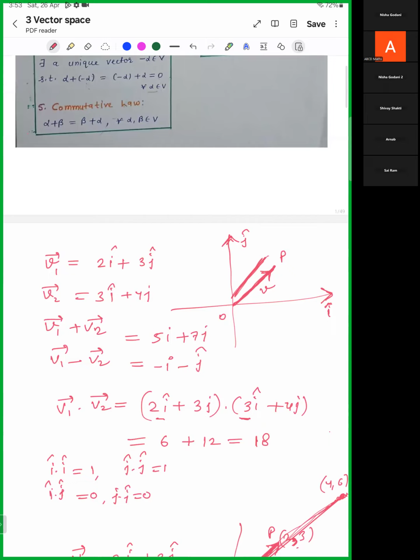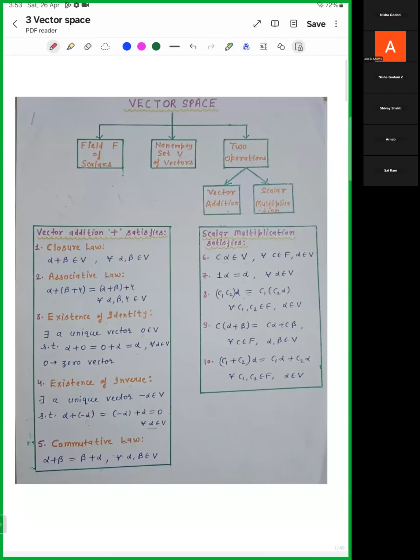But there are many mathematical spaces where the concept of vectors was generalized, because the two-dimensional plane and three-dimensional space are particular examples.